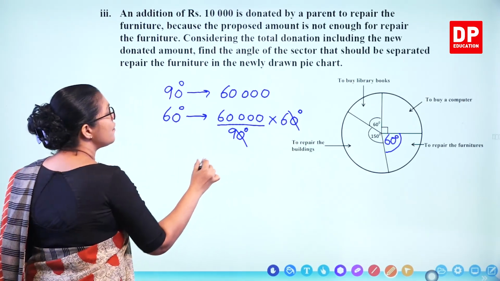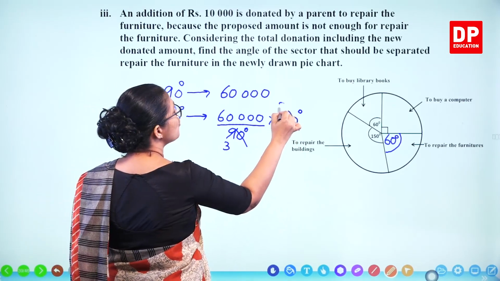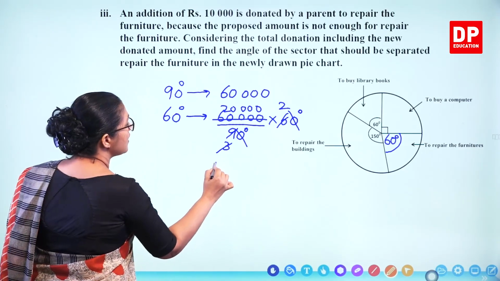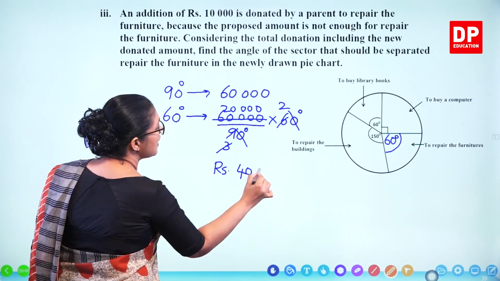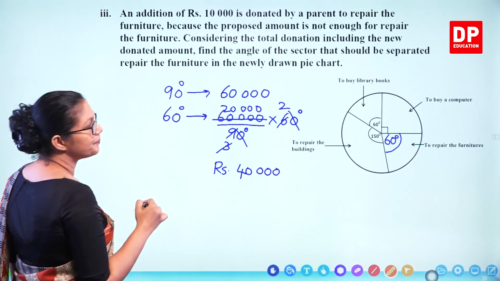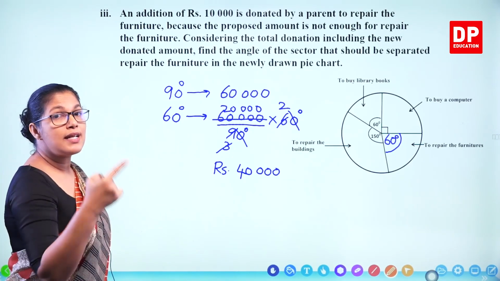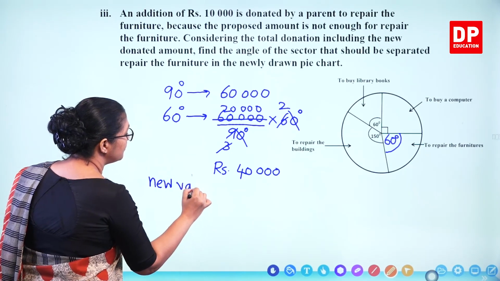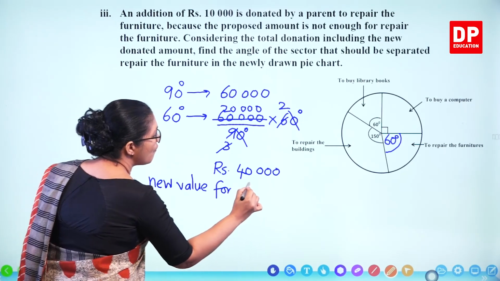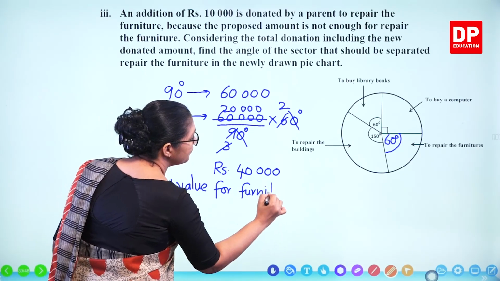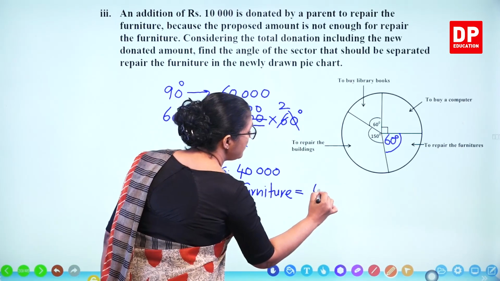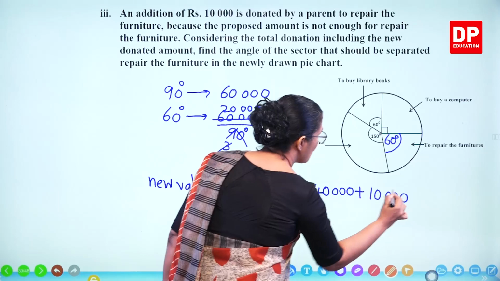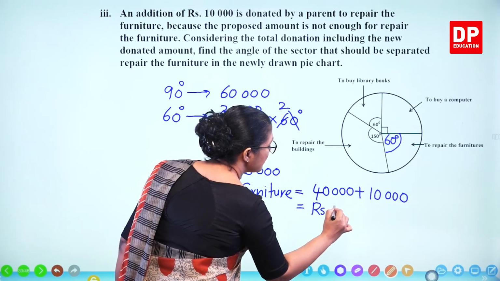So 0, 0, 3 times 3, 3 times 2. So 3 times here, 20,000. So you get 40,000 for furniture. But 10,000 is given. So what's the new value for furniture? We can add 10,000 to that. So what's the value? 50,000 rupees.